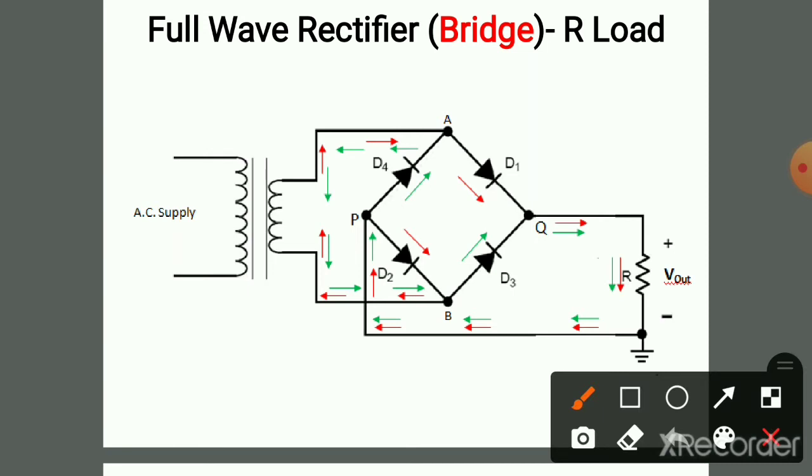So diode D1 and diode D2 are forward biased in the positive half cycle, the first half cycle, and they start conducting. Conducting means what? Current starts flowing. So conducting of the diodes D1 and D2 means the current starts flowing. So that is short circuited and allows the current to flow from source towards the load.